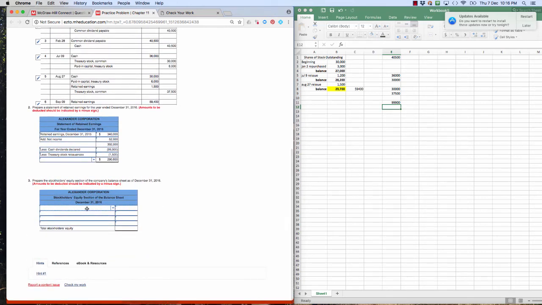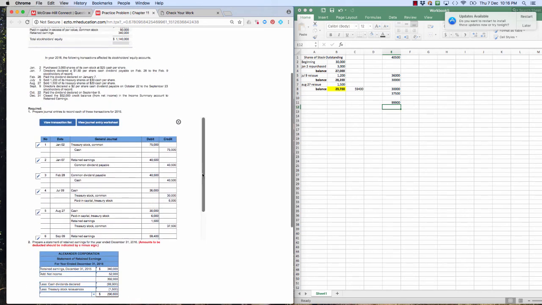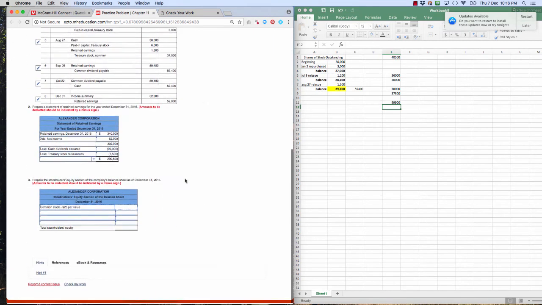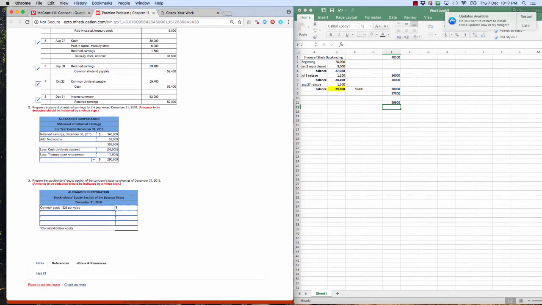So let's start with these things that didn't change. Common stock at $25 per share. That value up top, $750,000. The next thing that doesn't change is that paid-in capital in excess of par. It was $50,000. Where did I get that number?